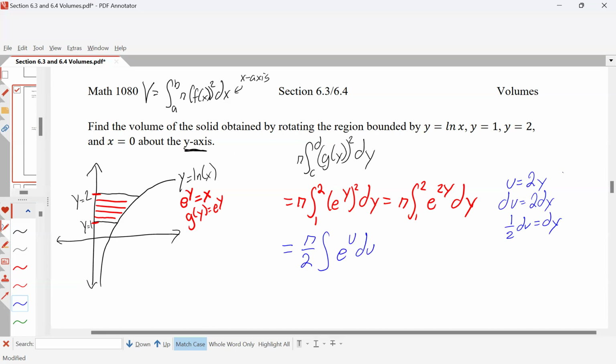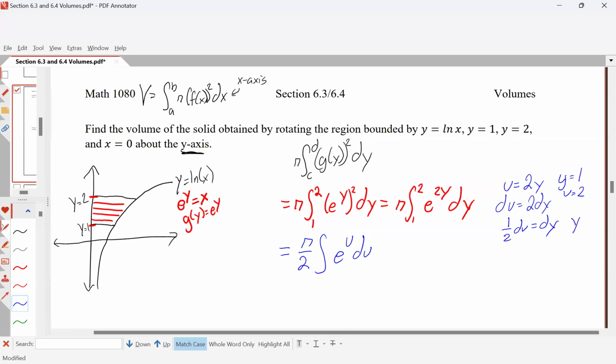We plug in y equals 1 to get u equals 2, and when y equals 2, u equals 4. So our new bounds are 2 to 4.